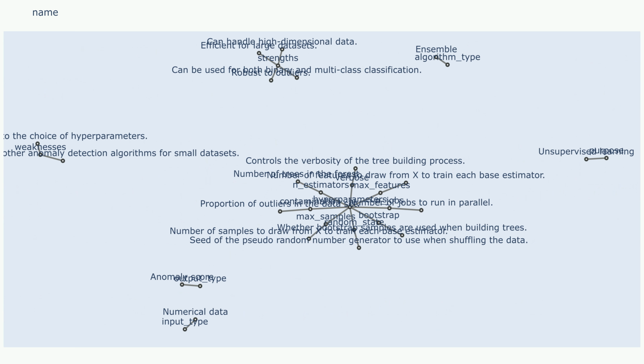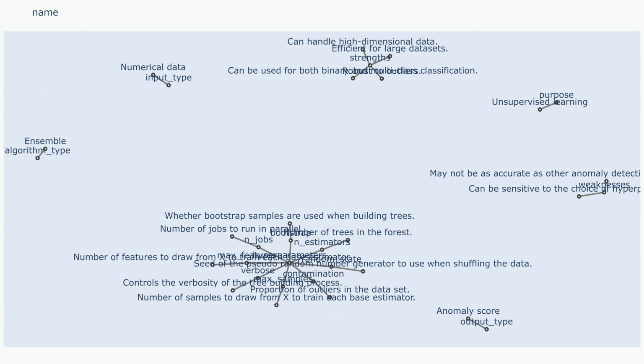4. Advantages of IsolationForest. Robustness to noise: the random feature selection and tree construction make the algorithm resistant to noisy data and outliers themselves. Scalability: IsolationForest scales well to large datasets, as building trees on small subsets of features is computationally efficient.